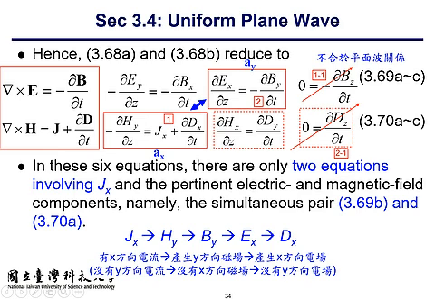And because Jx is a time variant function, as you can see from the previous slide, we write Jx as a function of t. So the associated magnetic field is also a time variant function.